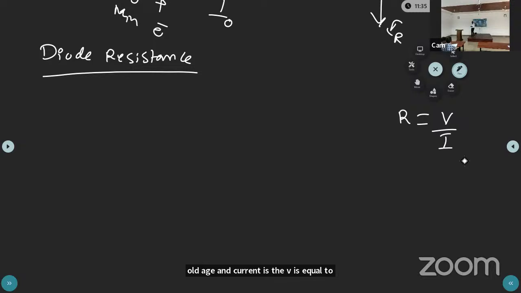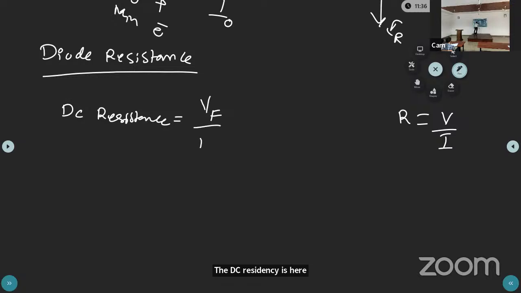Now these resistances are defined from the VI characteristics under forward bias. Under forward bias, the first resistance is the DC resistance. The DC resistance is the applied voltage divided by current IF. You can take the graph.